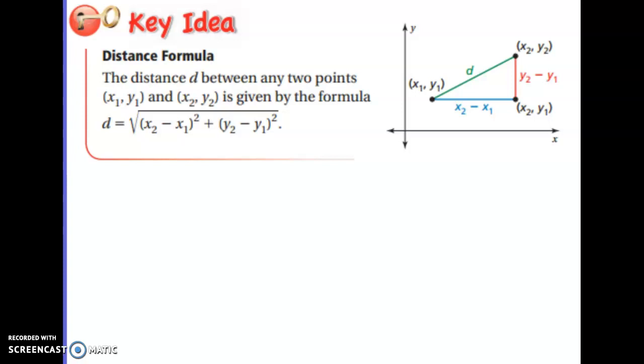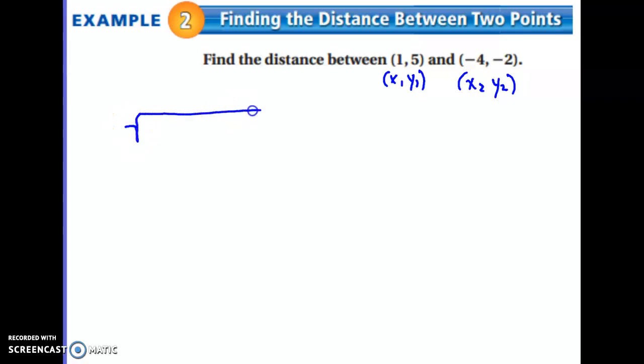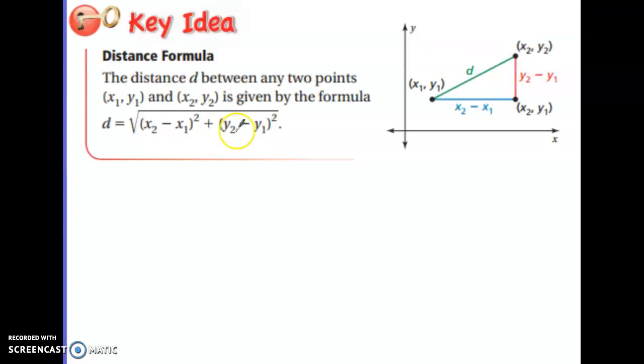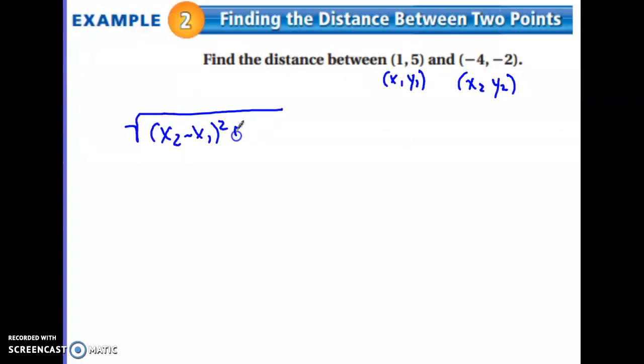Square root of x sub 2 minus x sub 1 squared plus the y's. So I just rewrote the formula for distance.